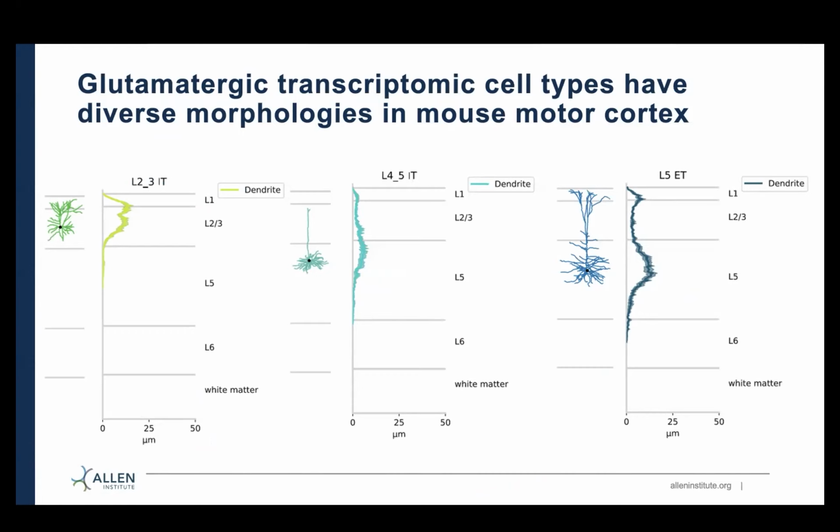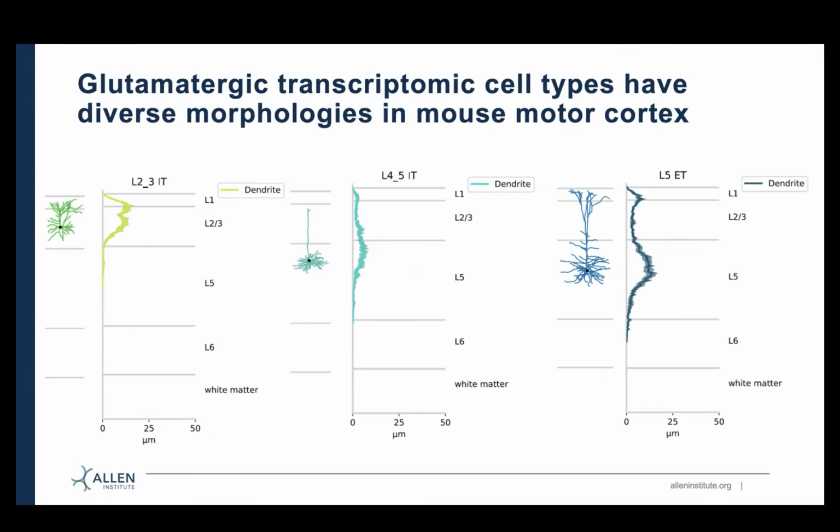So through the lens of transcriptomic types versus the morphological types that I have mentioned previously, we also find morphological heterogeneity in glutamatergic neurons. As you can see, different types of pyramidal neurons are found in different layers.